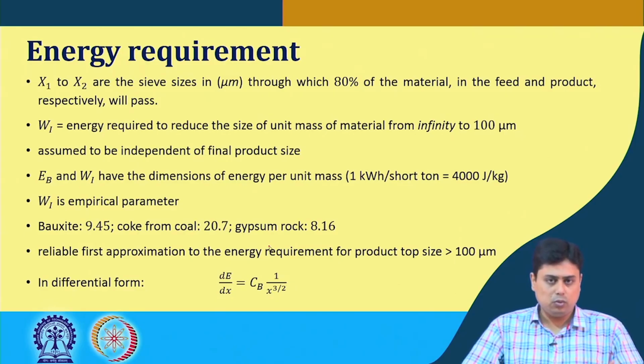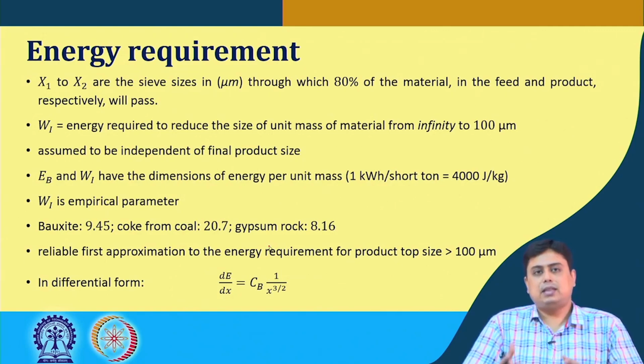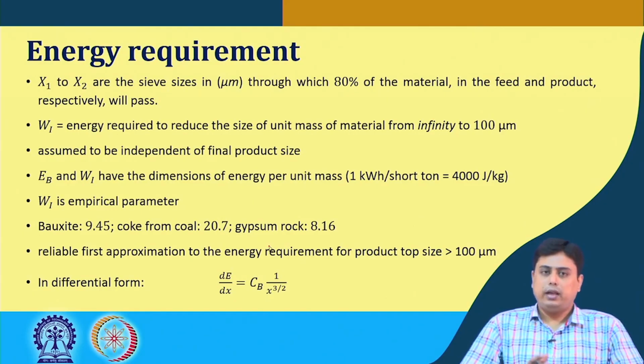It is not easy to measure top size. So x1 and x2 are basically the sieve sizes in micron through which 80% of the material in the feed and the product respectively can pass. This law particularly stresses this 80% of the material passing through.